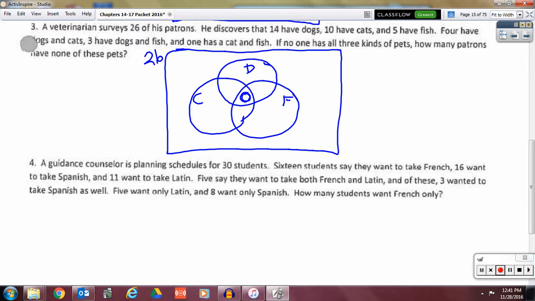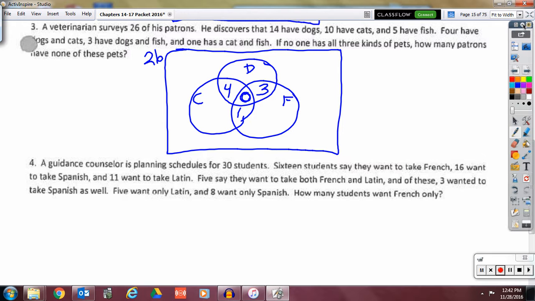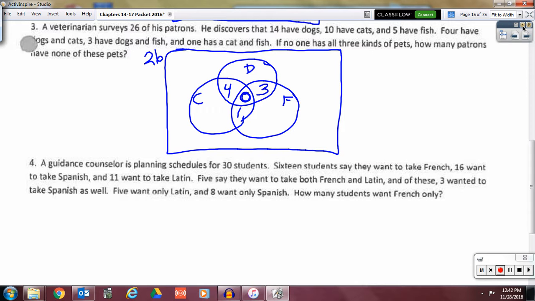4 have dogs and cats. 3 dogs and fish. 1 cat and fish. Okay. All right, so read the rest of that. See if you can fill in what's left.